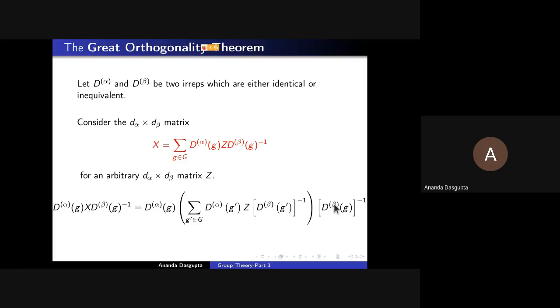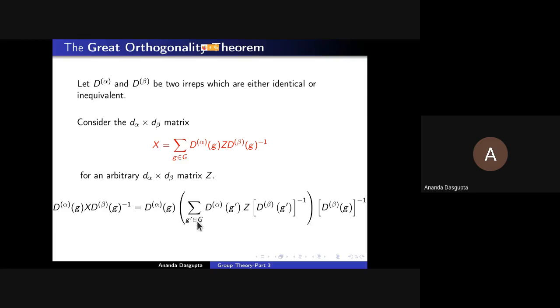Again, this is a legitimate matrix multiplication because X is a d alpha by d beta matrix, so I can multiply it from the left by a d alpha by d alpha matrix and from the right by a d beta by d beta matrix. But then comes the next step, which is sort of obvious.